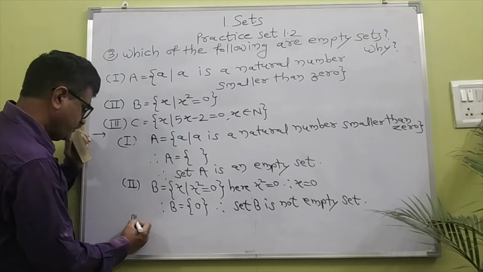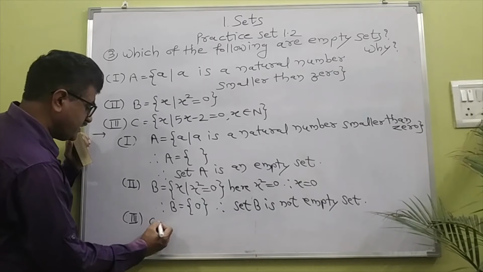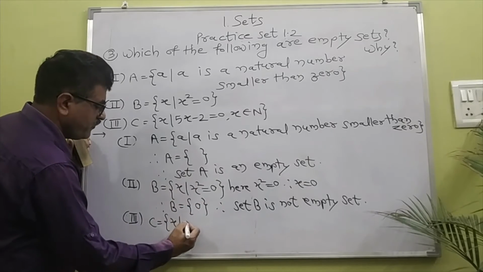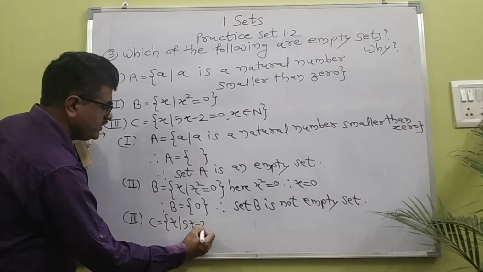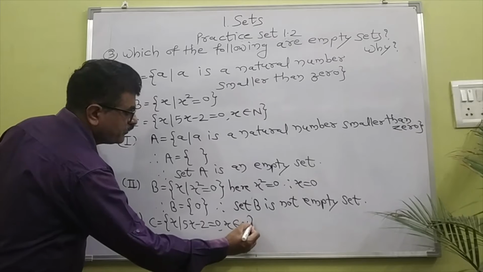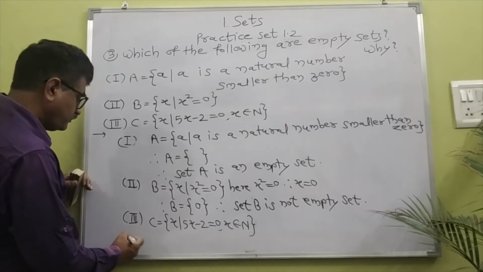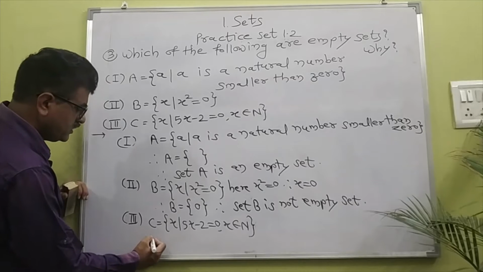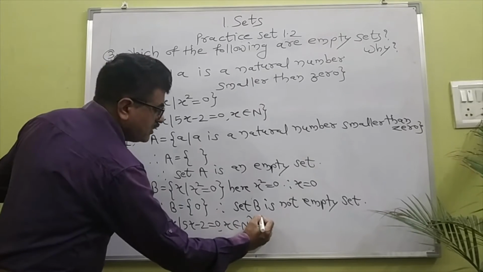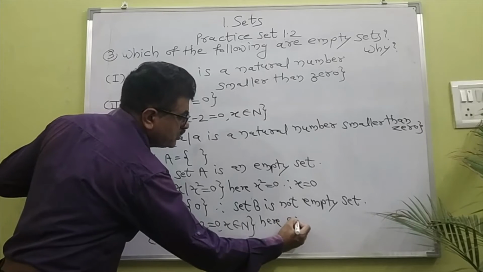Number 3. C is a set of x such that 5x minus 2 is equal to 0, x belongs to N. Now here, set C contains, write down here, 5x minus 2 is equal to 0.